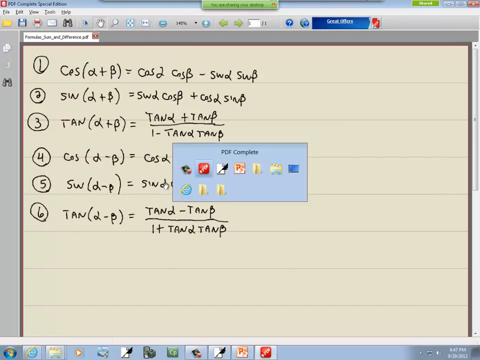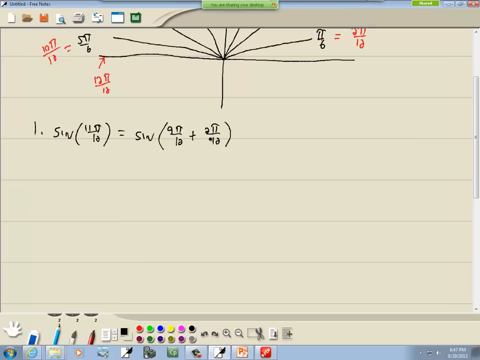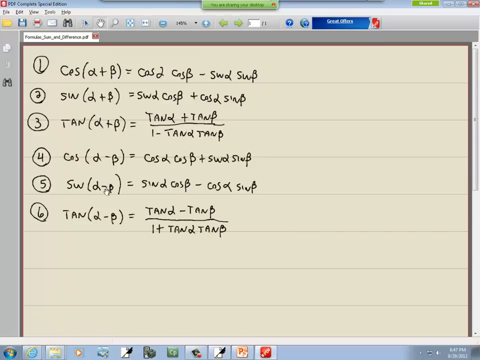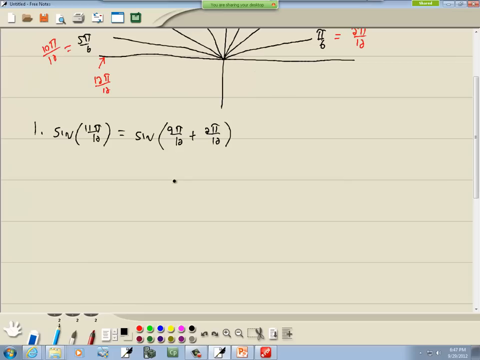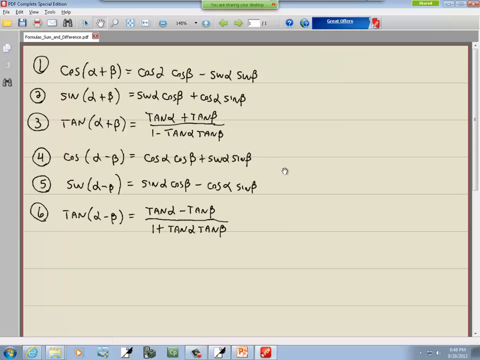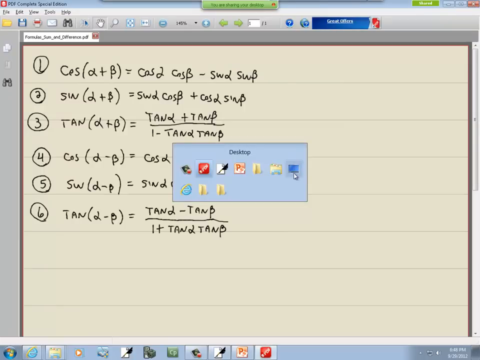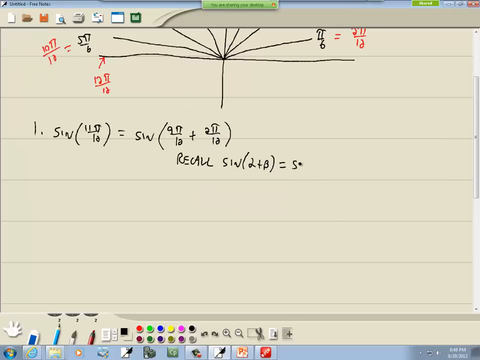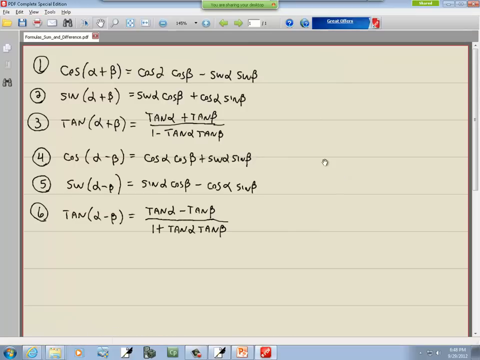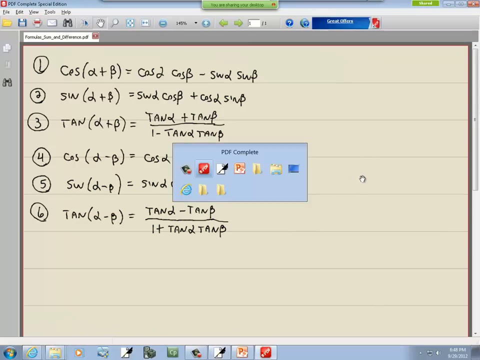Well, the formula I'm going to use is sine of alpha plus beta. Sine of alpha plus beta is this one right here. Now this is the formula we're going to plug it into. So recall, sine alpha plus beta is equal to sine alpha cosine beta plus cosine alpha sine beta.